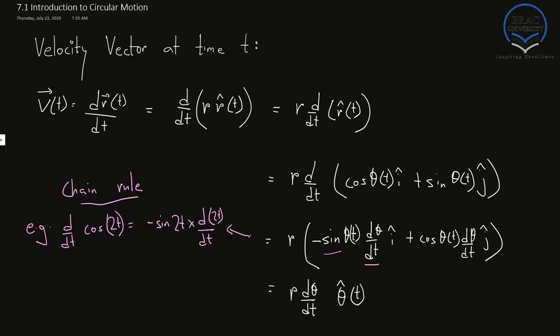Because we had, of course, theta hat t was minus sine theta t i hat plus cos theta t j hat. Isn't that very interesting? Both the position vector, which was r times r hat t, and the velocity vector, which turns out to have this form, r d theta by dt theta hat t, have a very cute look in polar coordinates, right?